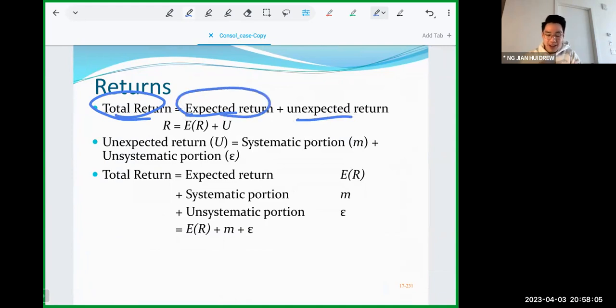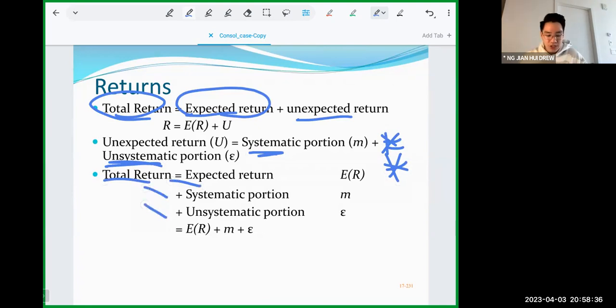Now, in terms of unexpected returns, this is where it becomes a bit interesting, because we want to segregate this into two components: systematic and unsystematic. This is very important. You will definitely need to be able to differentiate the meaning of the systematic and unsystematic components. So the total returns equals expected plus systematic plus unsystematic.